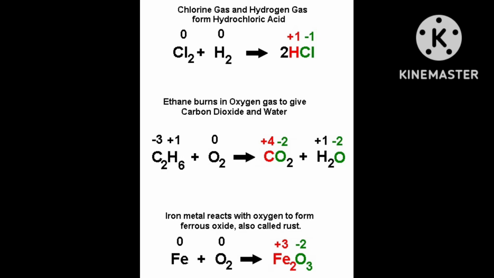So in KClO3, K is +1, oxygen is -2, and Cl you calculated as +5. Now on the right side, the product side, KCl is there, so K is +1.